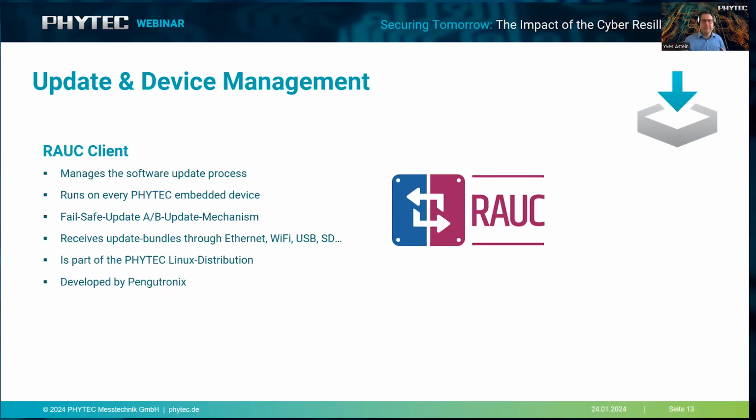You don't want to have your device in the field being updated, I don't know, somewhere in a windmill generating power for many people, and then your update fails and the system is not booting anymore and you do not have access to this device. Then you have to drive to the location and figure out how you can fix the problem.